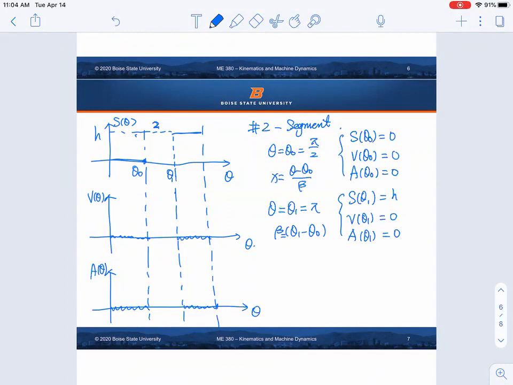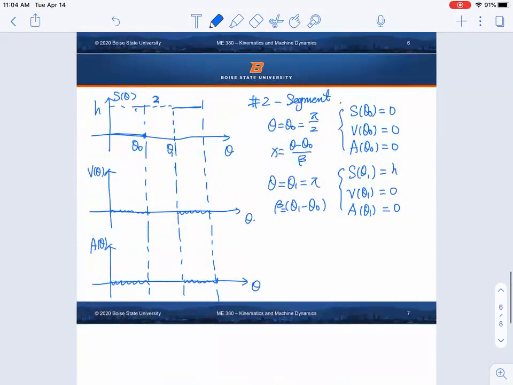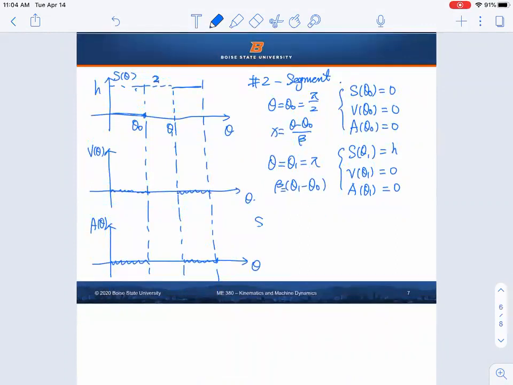That's all the information you know based on the problem description. Then we make a very strong assumption, which means we know that your S(x) should be a polynomial function. So S(x) is a polynomial, the sum from i equals 0 to n of C_i x^i. If you don't like the summation, I can write it out: C naught constant plus C1 linear, second order, all the way to nth order.